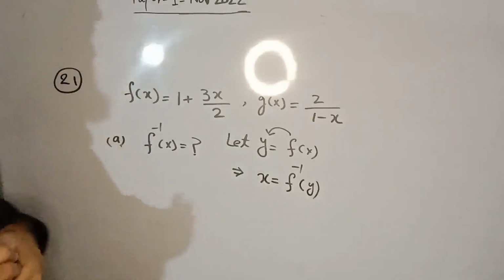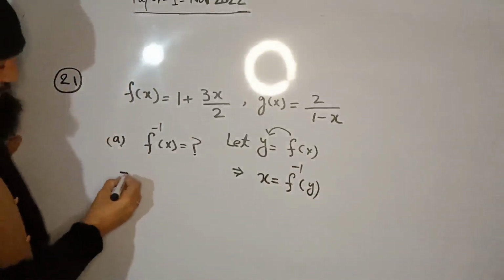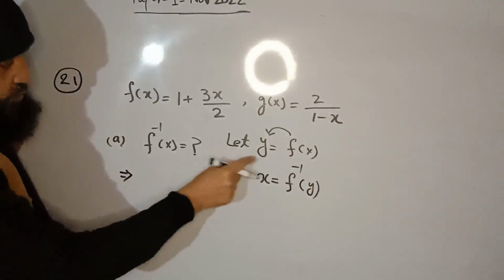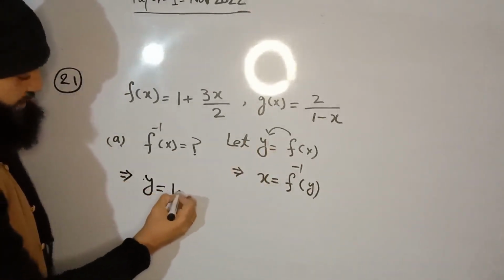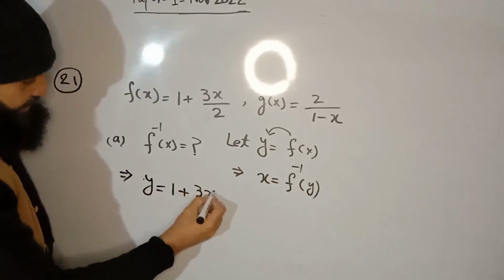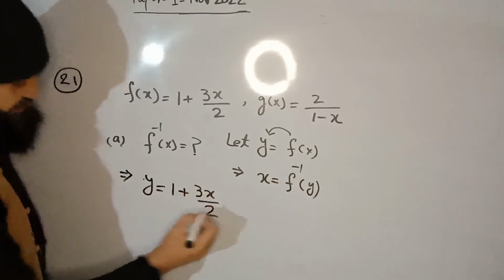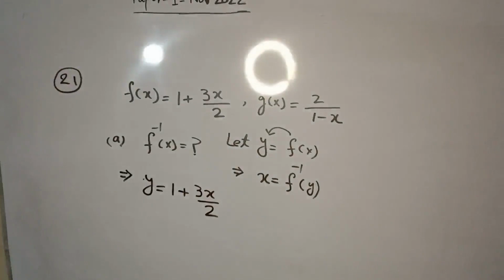So this implies that y is equal to f of x implies that y is equal to 1 plus 3x over 2. So this is the definition. We put it equal to y, and then make x the subject of formula.